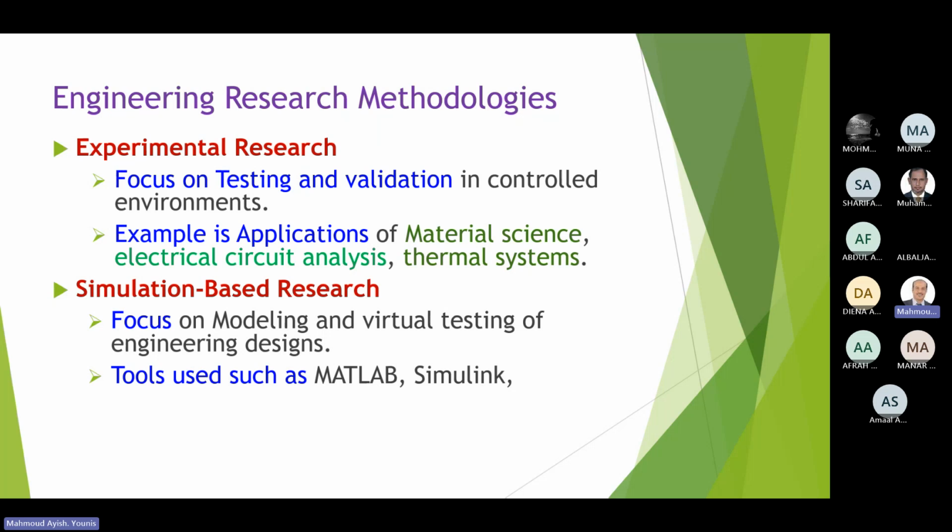So usually when I want to do experimental research, we are doing testing, we are doing validation in a certain controlled environment. I mean, the problem will be limited to a certain part. Examples are applications of material science, electrical circuit analysis, or thermal systems.